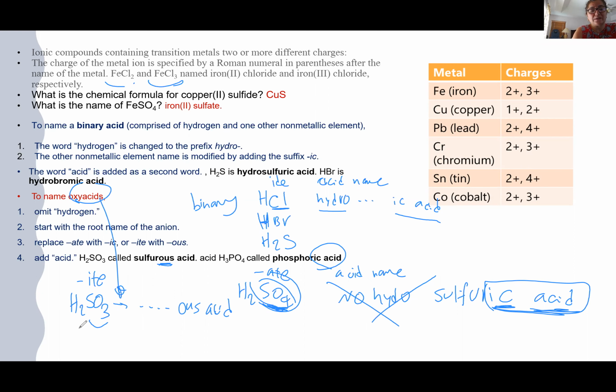Sulfurous acid, nitrous acid, so HNO2 is going to be nitrous acid. Root name of the polyatomic ion and OUS acid. When do we bring in the OUS acid? I'm repeating: if you have an ITE ending.